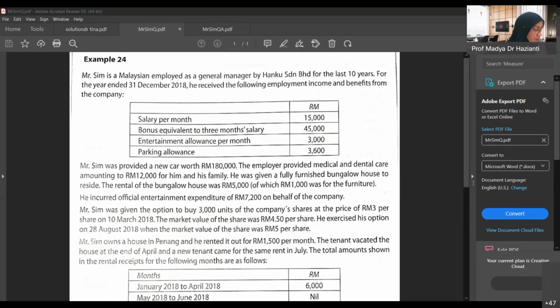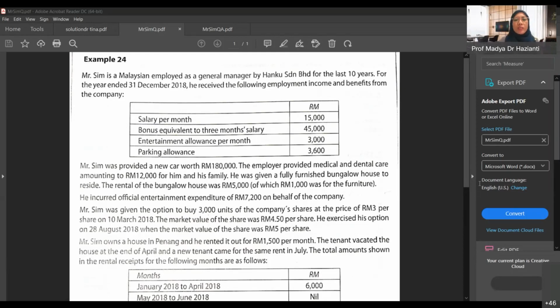Kita ada car, kita ada fuel. Rumah. Rumah ke rumah tu, furniture. Fully furnished. Furniture. Rumah section lain. Furniture. Silap. Jangan silap. Rumah section lain, furniture.